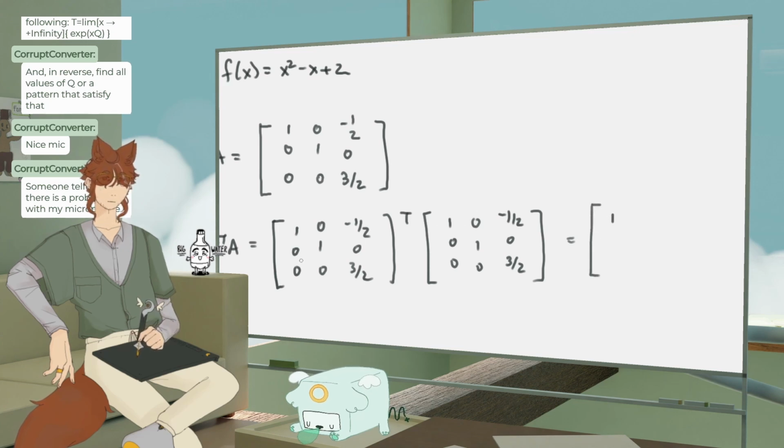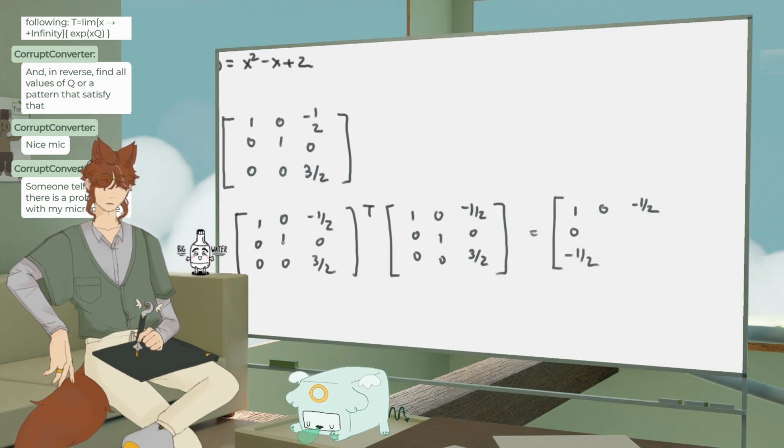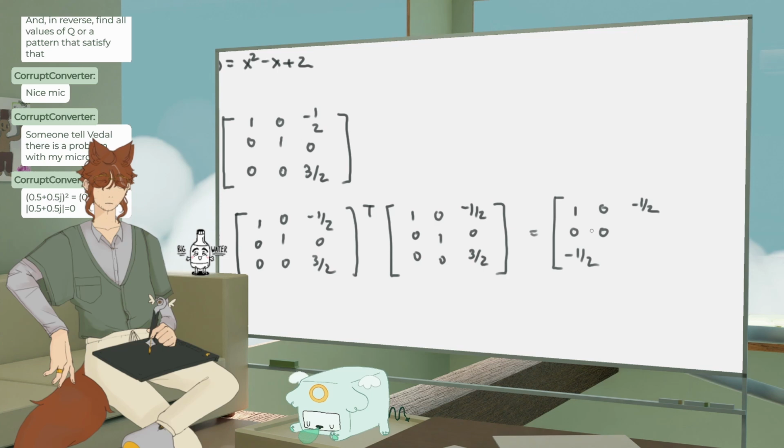That's 1. 0. And then -1/2. And then we've got that one I did, this one, which is gonna be 0. Did I do that right? Wait. Maybe not.